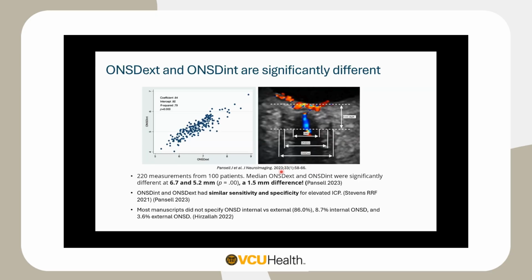And these measurements can be very different. The difference can be up to 1.5 mm, and that's statistically significant. So if you inconsistently measure internal in some patients and external in others, you will have a positive study for whatever you're looking for without actually having a distension.